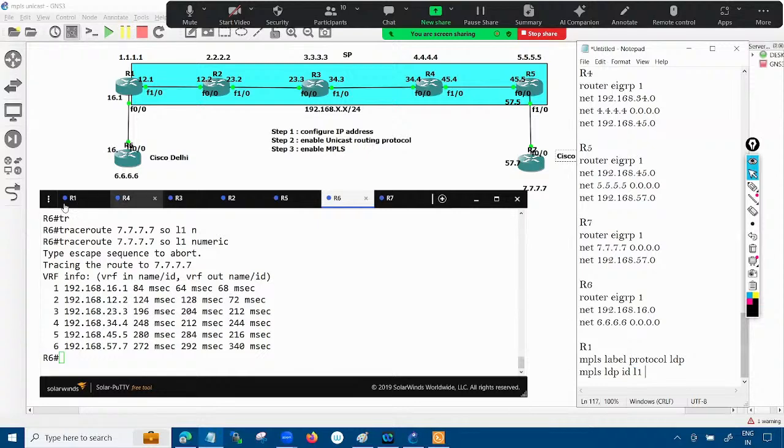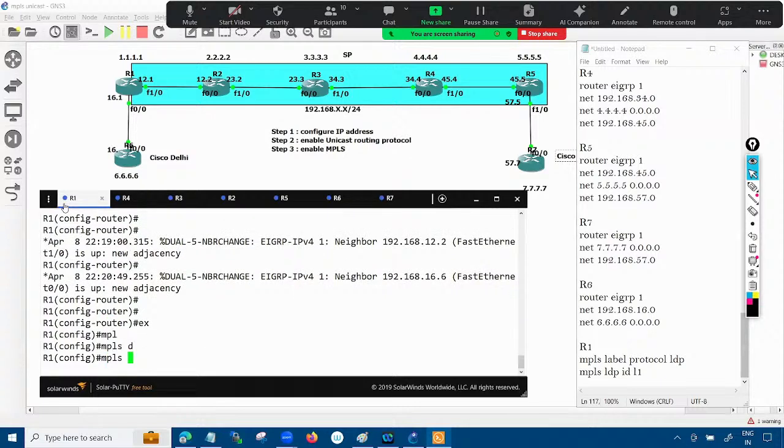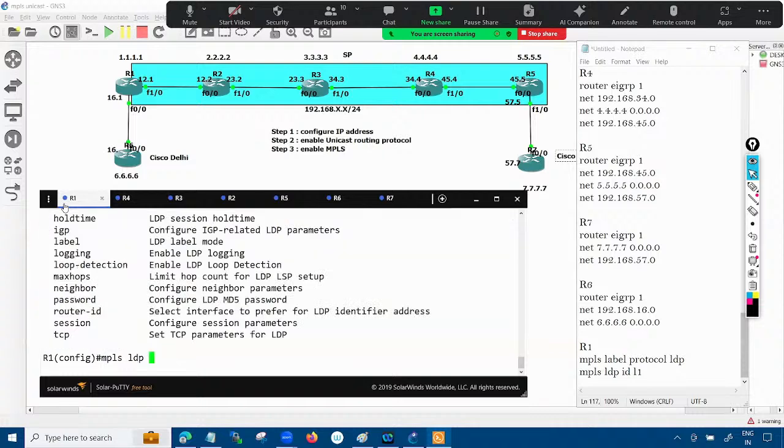Is the command MPLS LDP? What's the command for that one, man?